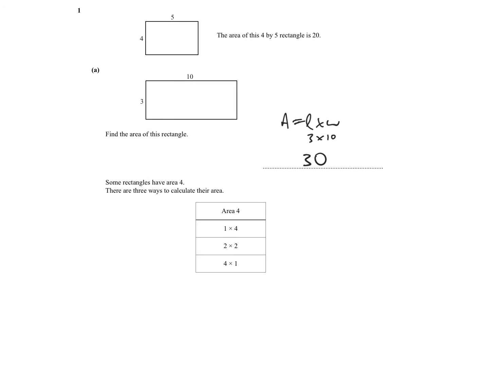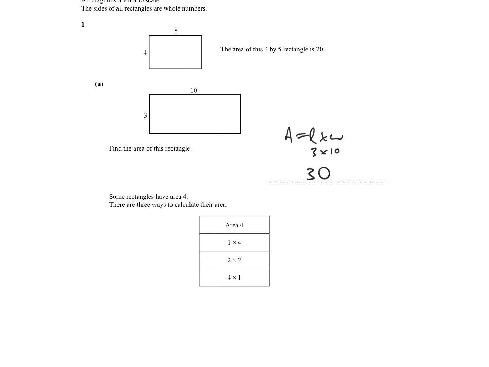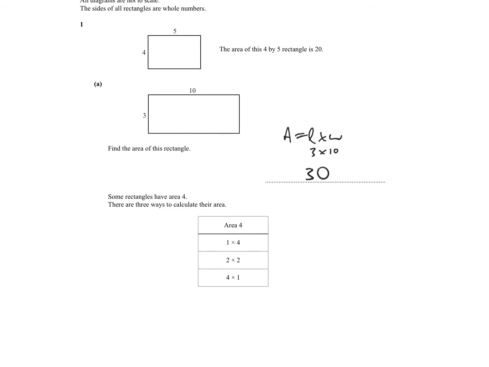Some rectangles have an area of 4. There are 3 ways to write their area, to calculate their area. This is not a question so much as it's an indication of the kinds of questions that you're going to need to answer later on in the task.